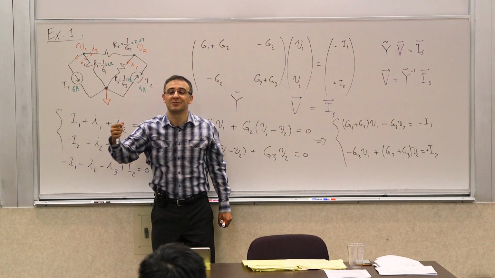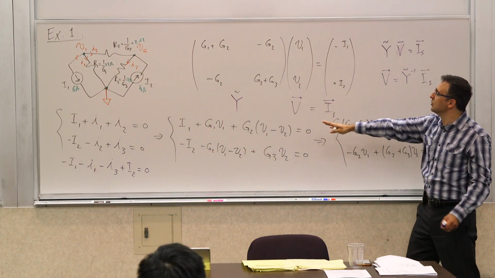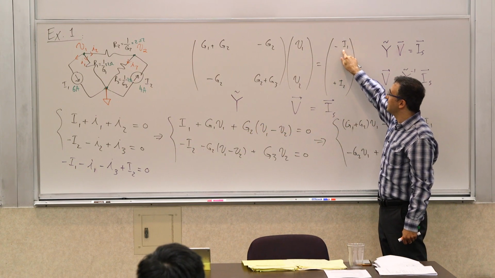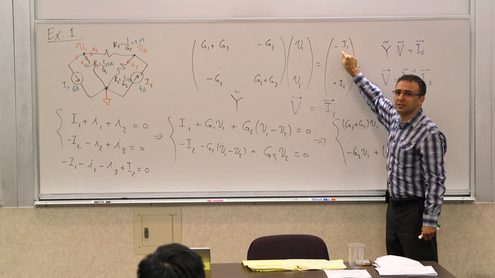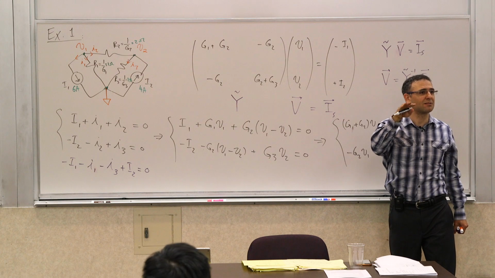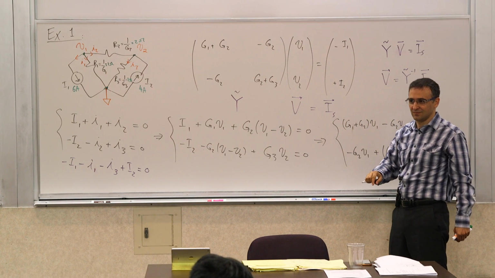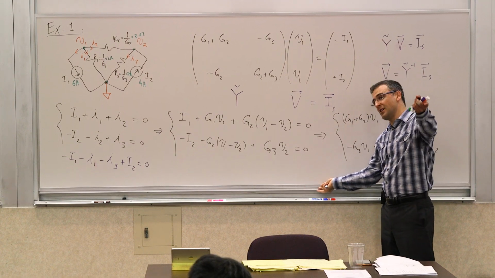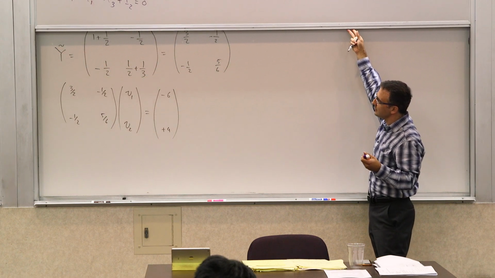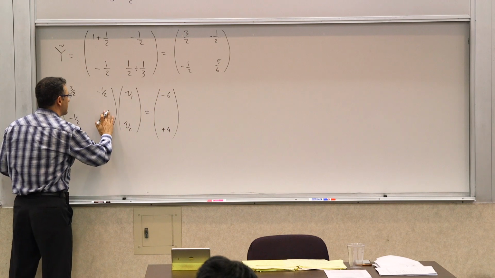When we wrote KCLs for currents leaving the node, because we moved it from the left-hand side to the right-hand side, the rule becomes these are the currents entering the node: the sum of all the independent current, all the stimuli current entering that node. If you had defined it the other way around, it would be the other way around. But if you keep that convention, this is basically how you get to this. So that's fine. So we got to this linear algebra problem.